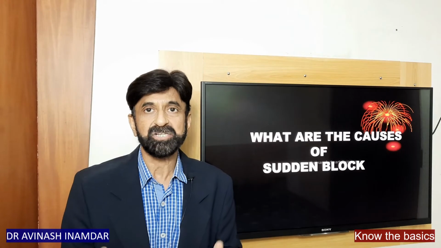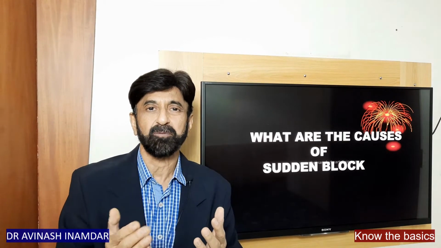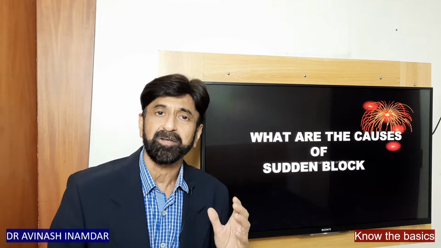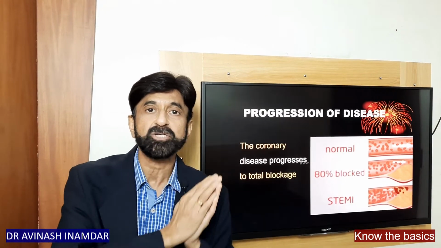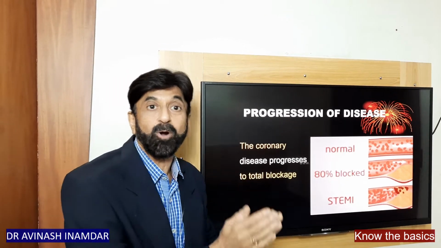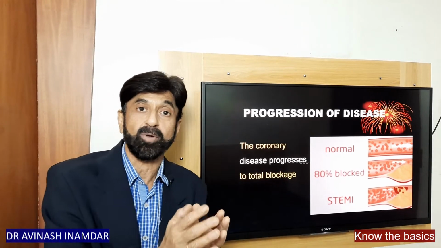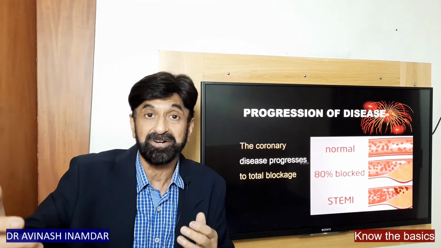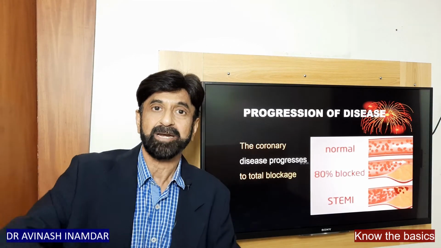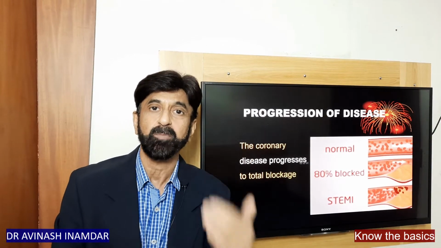So now let's see what are the various causes of these sudden blockages of the artery giving rise to heart attack. The first and the foremost is progression of the disease. Like you have a block which is identified on angiogram, say 20%, then it becomes 50, over a period of time it's 70, maybe 90, 99, and then it becomes 100%, causing block.